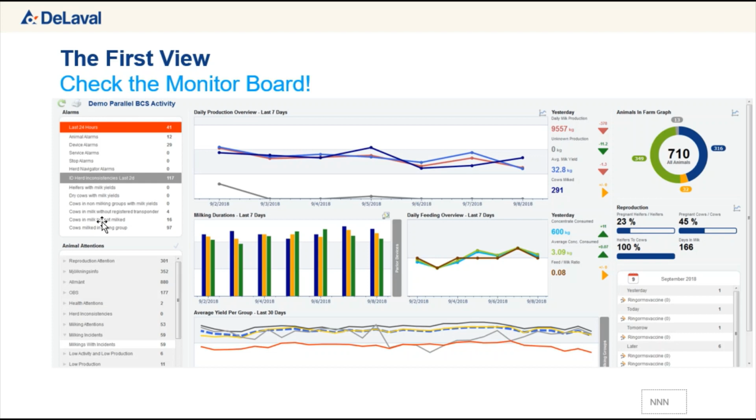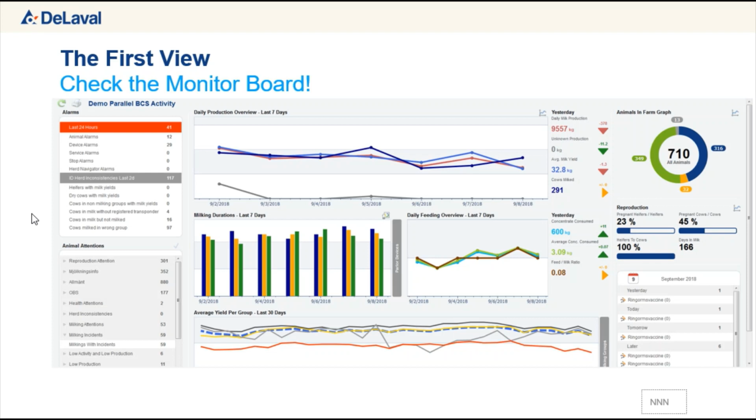If we miss any cow from milking, or a cow was not supposed to be milked but she was milked, like a cow is not in a milking group but she is still milked, such alarms pop up automatically here, and it helps to manage the groups effectively.